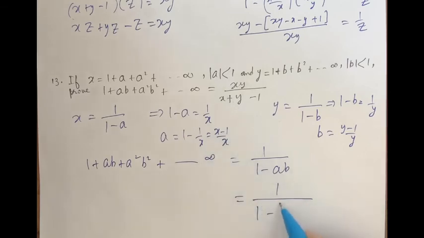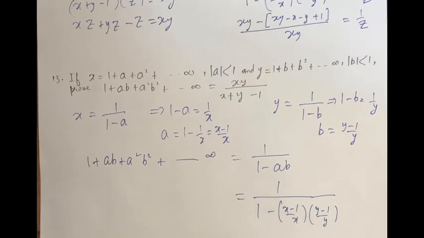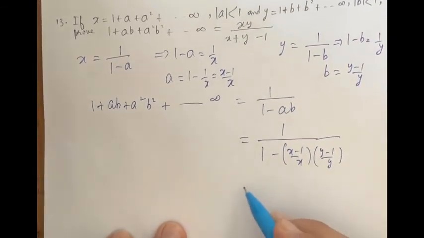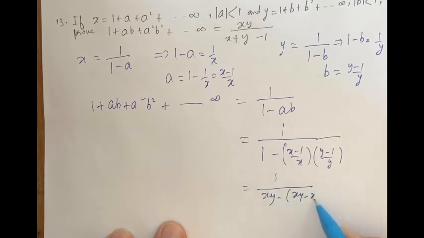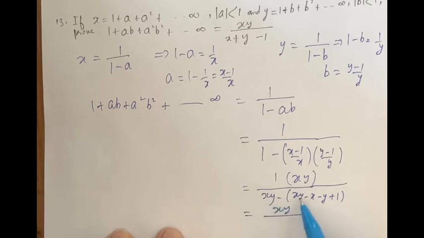A we obtained is x minus 1 by x, b is y minus 1 by y, and this can be written 1 upon, this is xy minus xy minus x minus y plus 1 upon xy. That xy I am writing here, and this is what we wanted to prove. This is xy upon, this xy will cancel out, is x plus y minus 1.